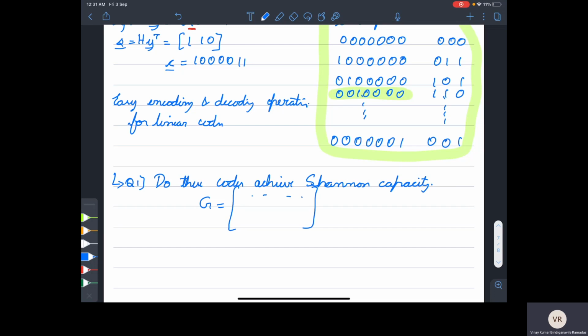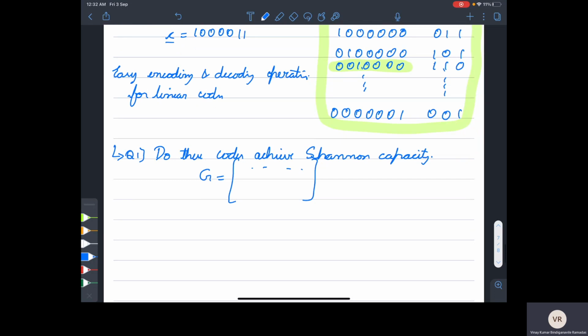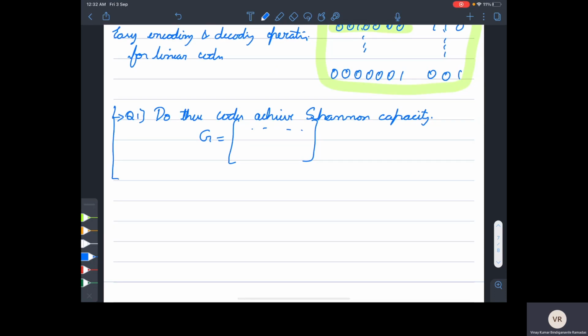In this scenario, it can be shown that these linear codes with that particular generator matrix can actually achieve the capacity of the binary symmetric channel. However, this is not using the power of the linear codes that we have developed. So we would want more deterministic codes and not random code constructions like this.